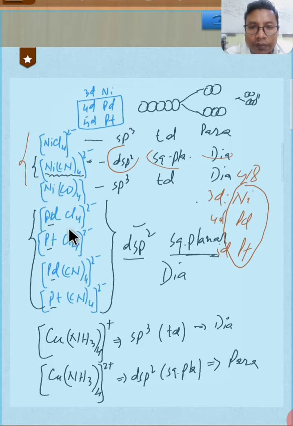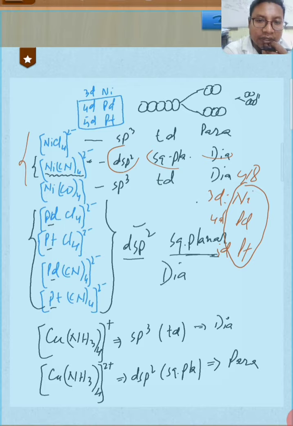So I'm just saying that with them the ligands will be treated as strong ligands only, because we are not going to discuss the splitting of d orbitals on the basis of the central metal. That is out of the syllabus actually. That is discussed in much higher classes.